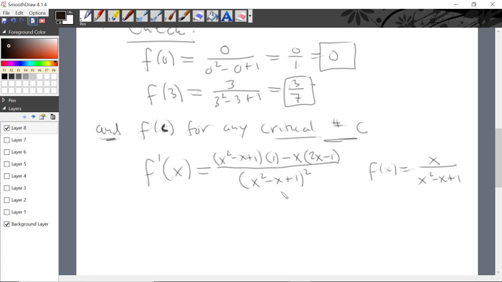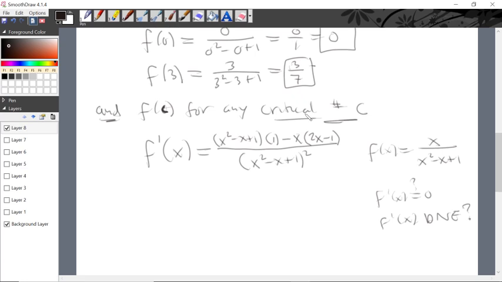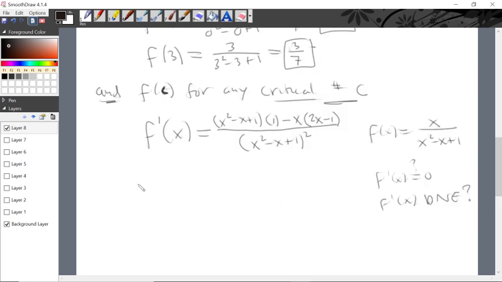Here's our derivative. What do we want to do? We want to check where f prime of x equals 0 and where f prime of x does not exist. I'm going to simplify this first.